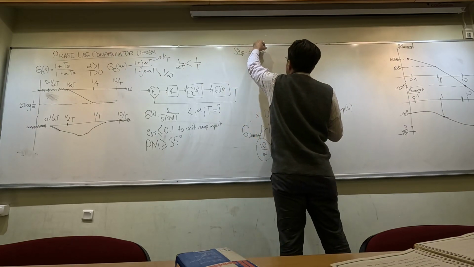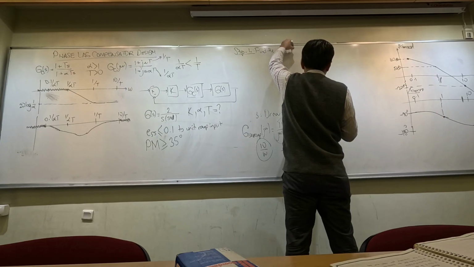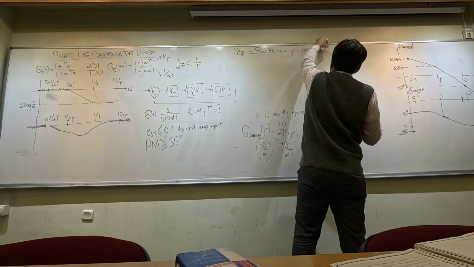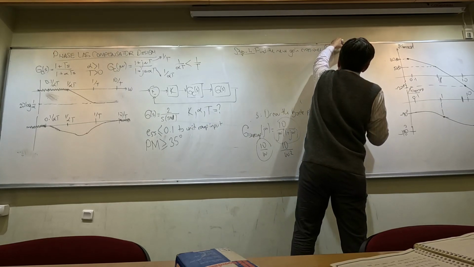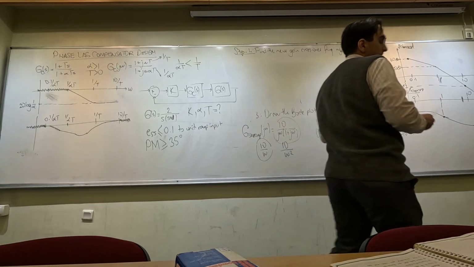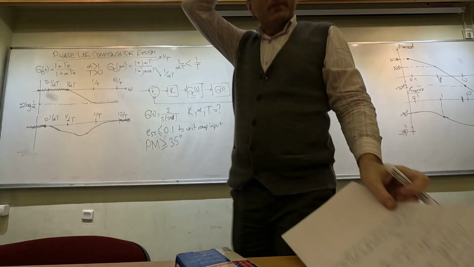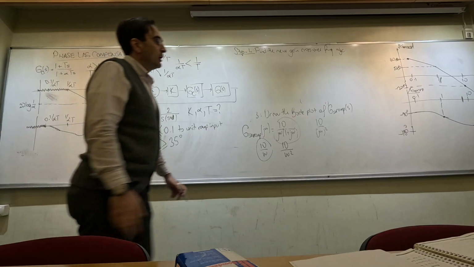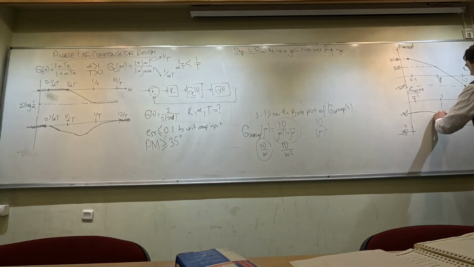Find the new gain crossover frequency, omega GC. Okay? So here is what we are going to do. I need to actually find here.